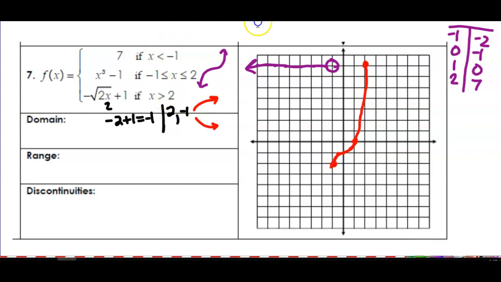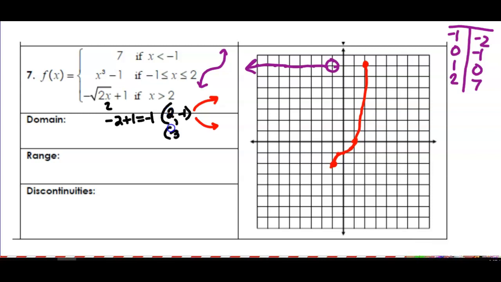At 2, I got out a negative. Oh, I am hopeless. No, nobody's ever hopeless. I'm just helpless, maybe. At 2, I got out a -1.